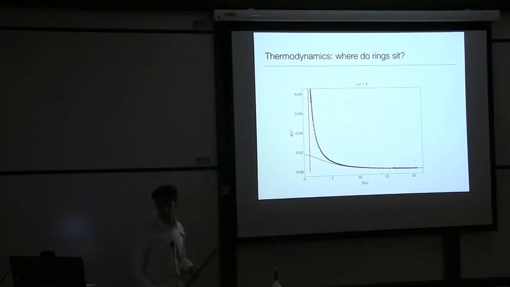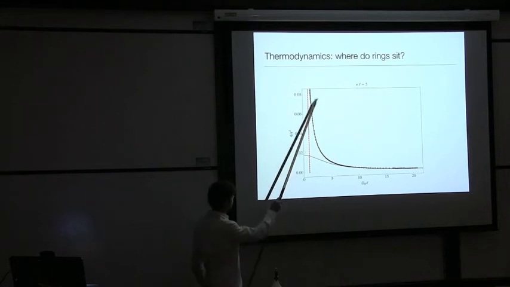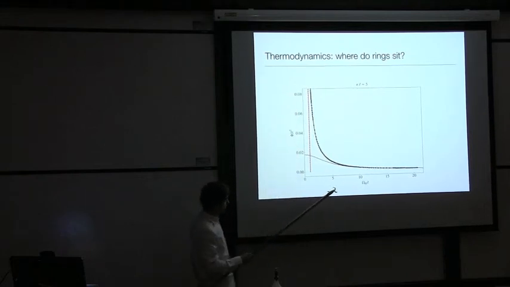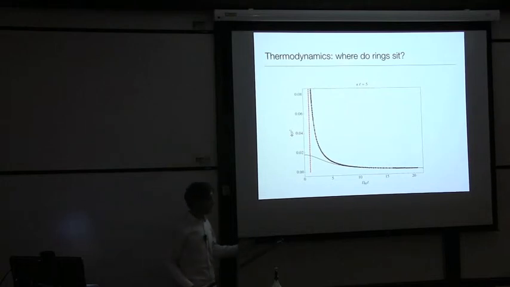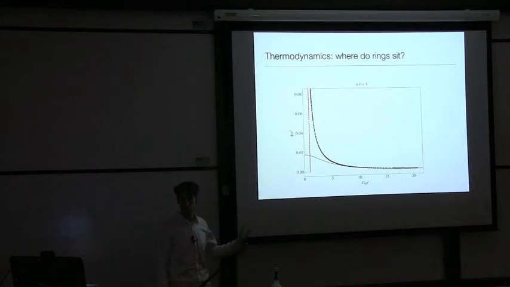They're never the dominant phase. And the angular velocity is always greater than 1. Okay, that's the limiting value. So from a thermodynamic point of view, black rings are always thermodynamically unstable, and they never dominate the grand canonical ensemble. And in a very concrete thermodynamic sense, they behave like small black holes in AdS.